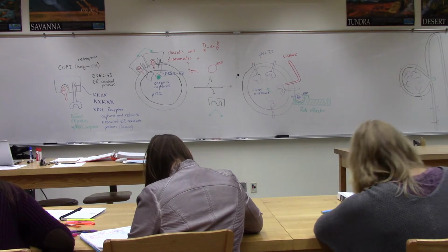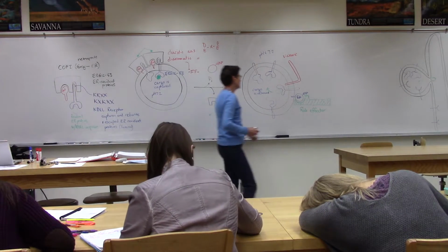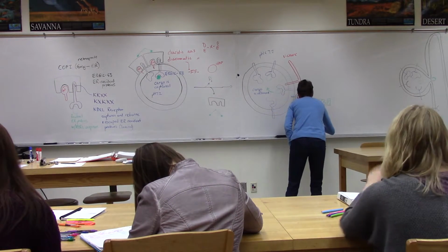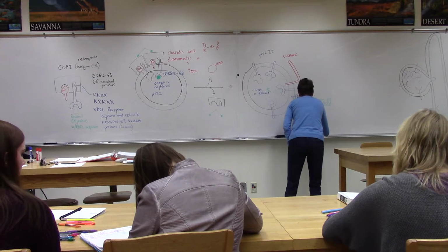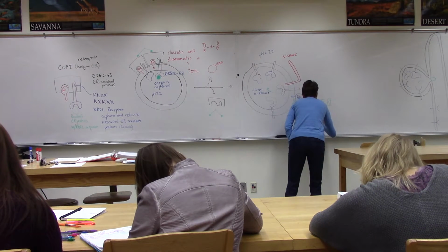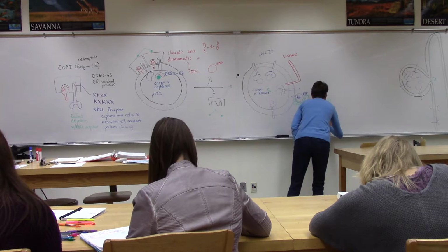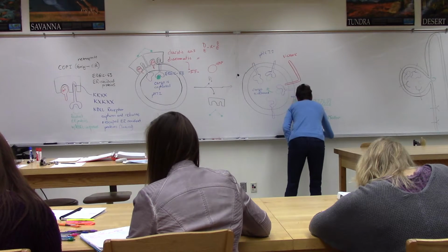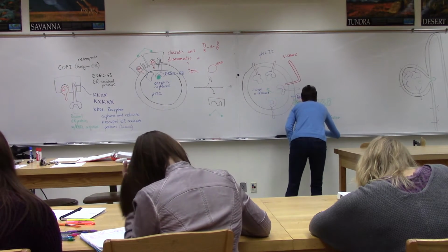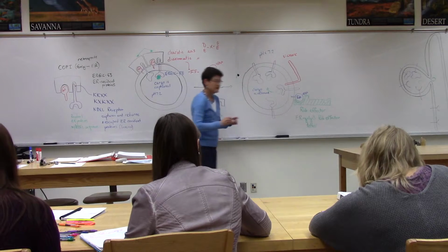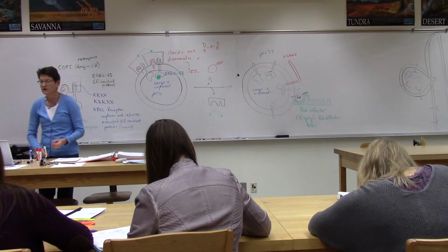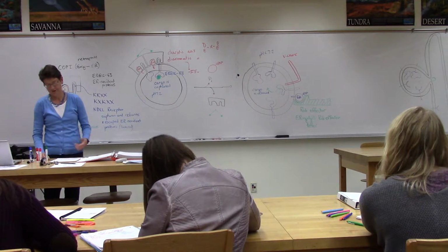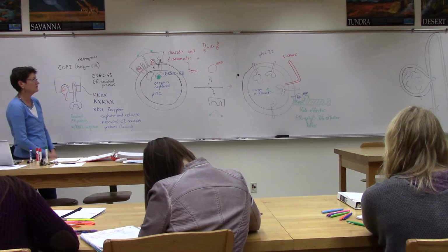And the RAB effector for ER to Golgi movement is called a tether, because it's going to help anchor this vesicle onto the ERGIC. It's a tether protein, and I'll show you this in a minute.